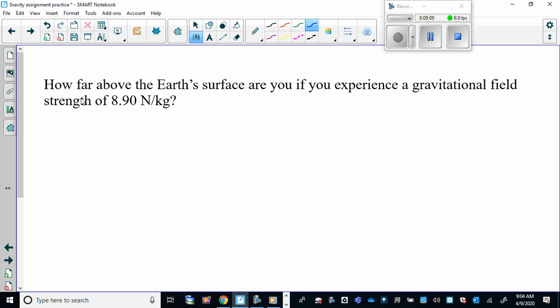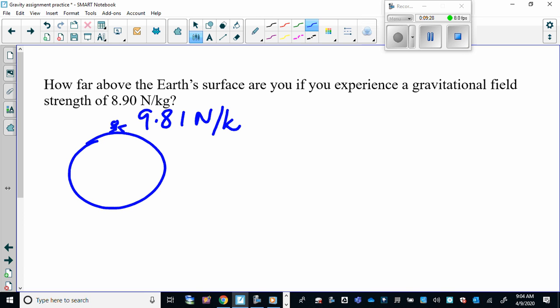Next one: how far above the Earth's surface are you if you experience a gravitational field strength of 8.9 newtons per kilogram? Here's the Earth, here's you standing on the surface of the Earth. You are experiencing a gravitational field strength of 9.81 newtons per kilogram.